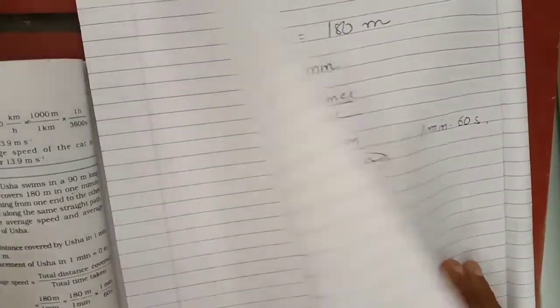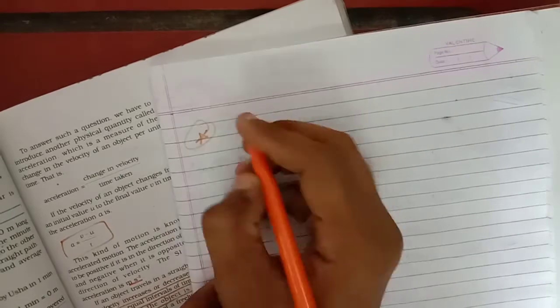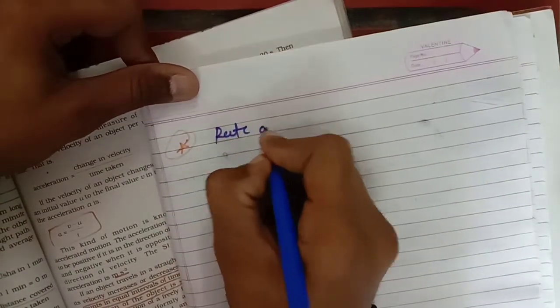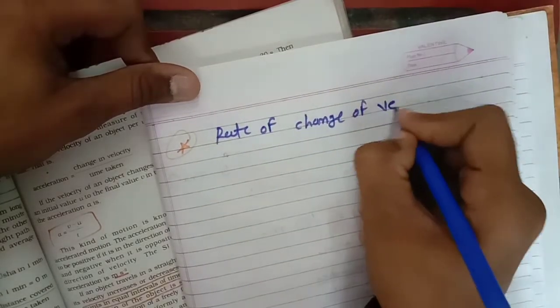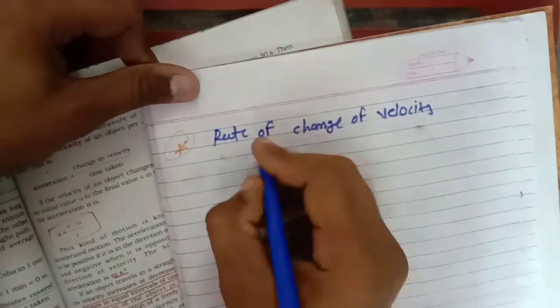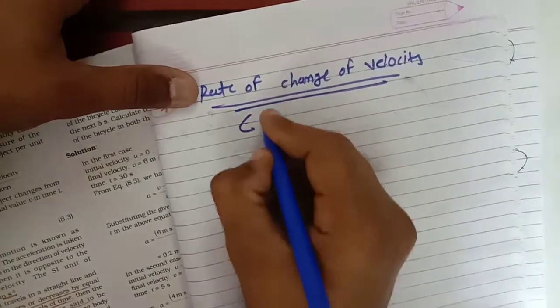Now one more term is coming. It is the rate of change of velocity. Rate of change of velocity is called acceleration.